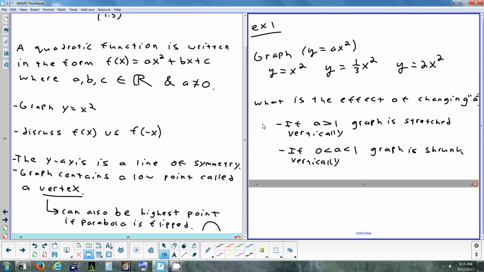If you put in a number in front that's bigger than 1, it will stretch it vertically. If you put in a number that's between 0 and 1, it will shrink vertically. You could say the graph is shrunk down. Now, I already showed you what happens if you do a negative. We're not going to talk about complicating it with a negative yet.